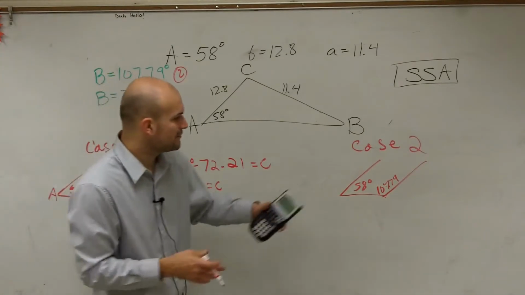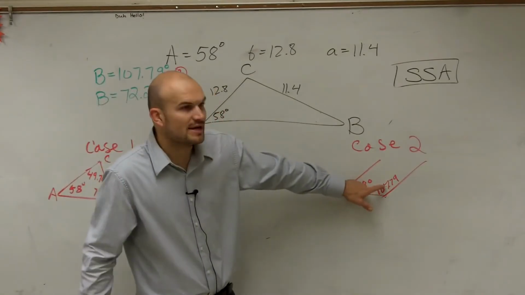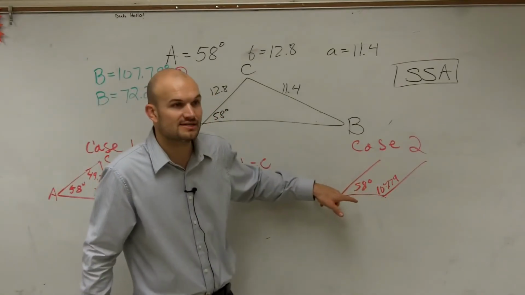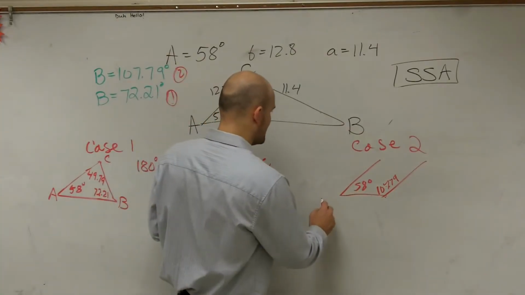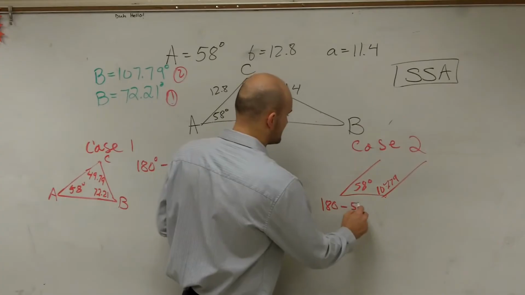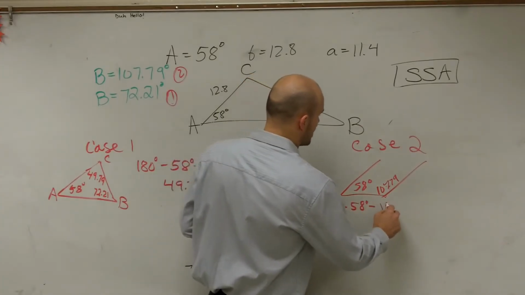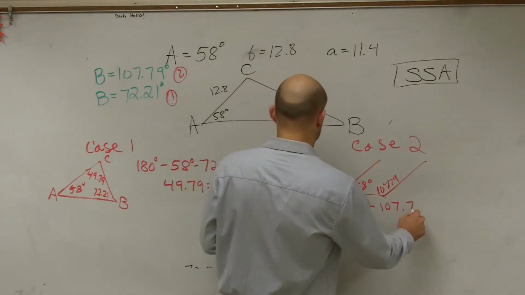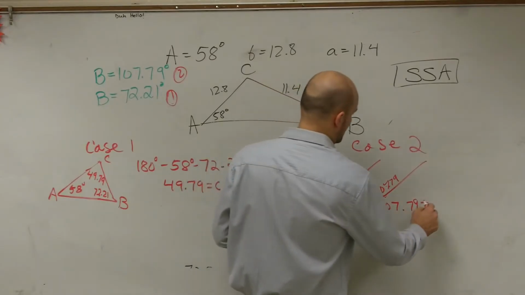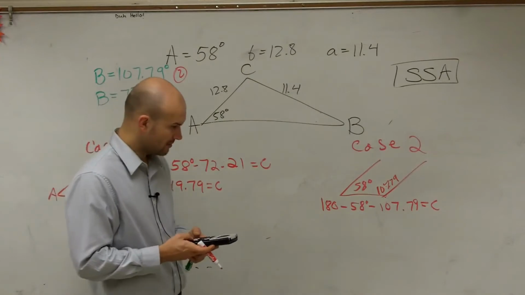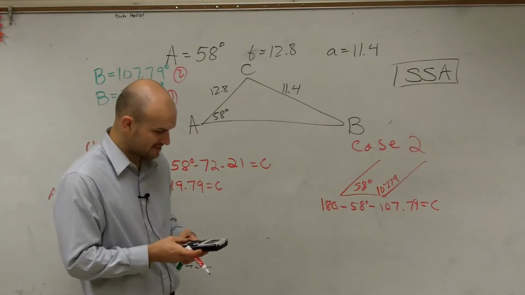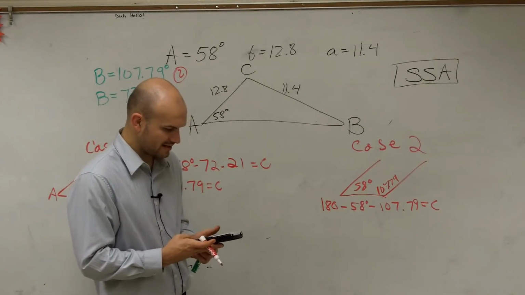What about case 2? What if we said this is going to be 107 degrees, this is 58 degrees. Is it still possible to create this second triangle? For this C, I do 180 minus 58 minus 107.79 degrees, and guess what?